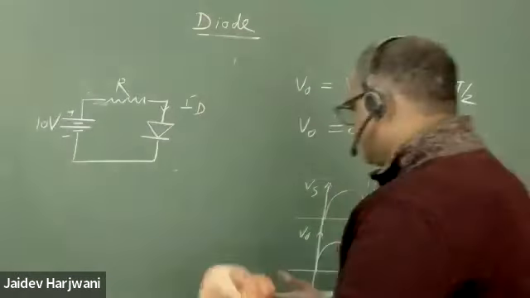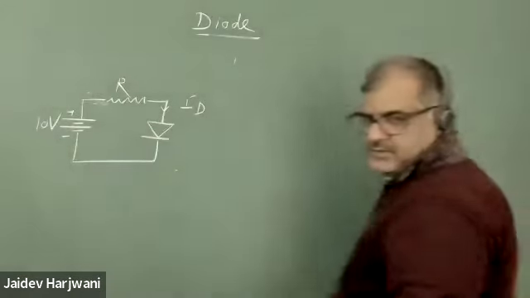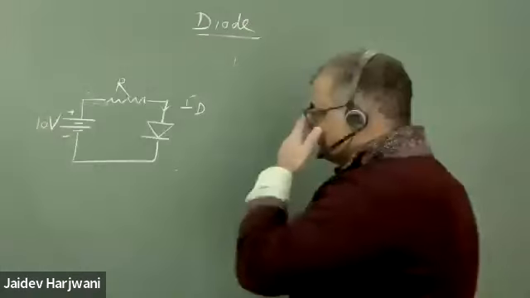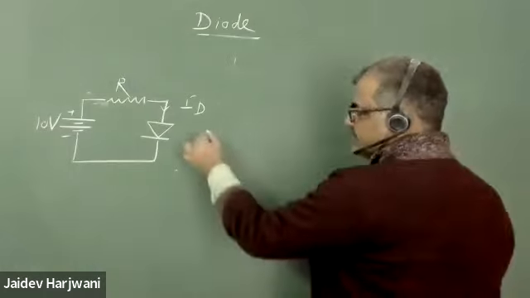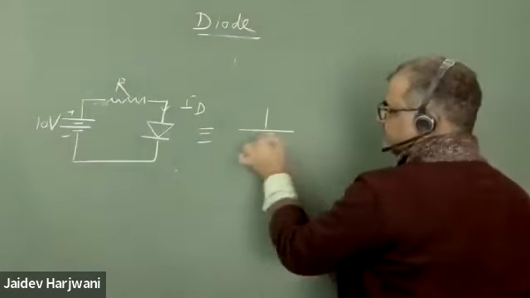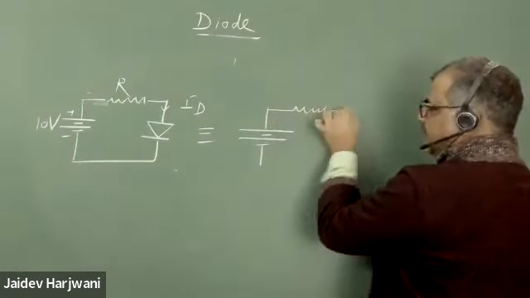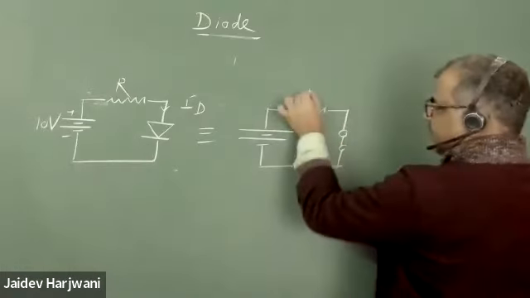Forward bias. Okay. So forward bias means now what I can do? I can replace this with a short circuit. So if this is forward bias, I can replace this diode by a short circuit, and this is my R.